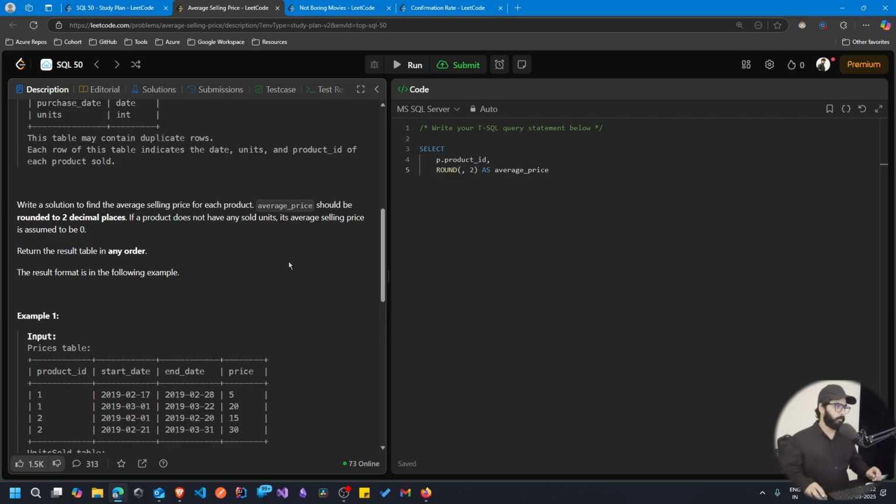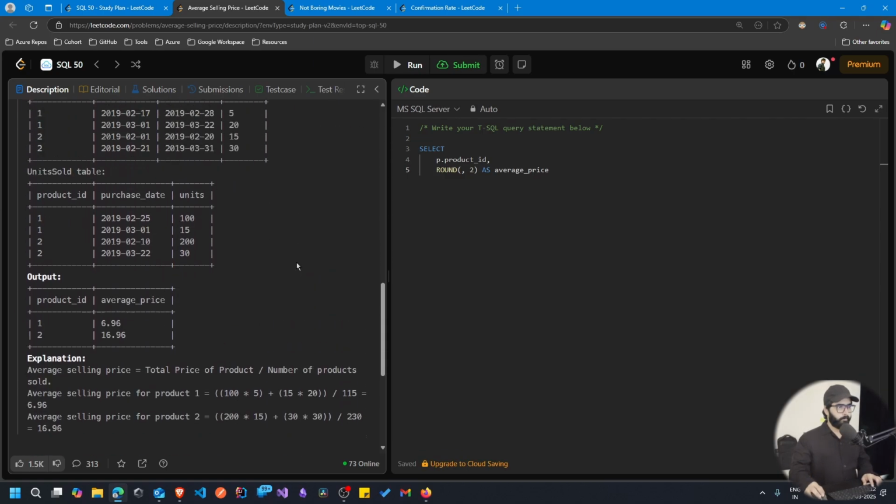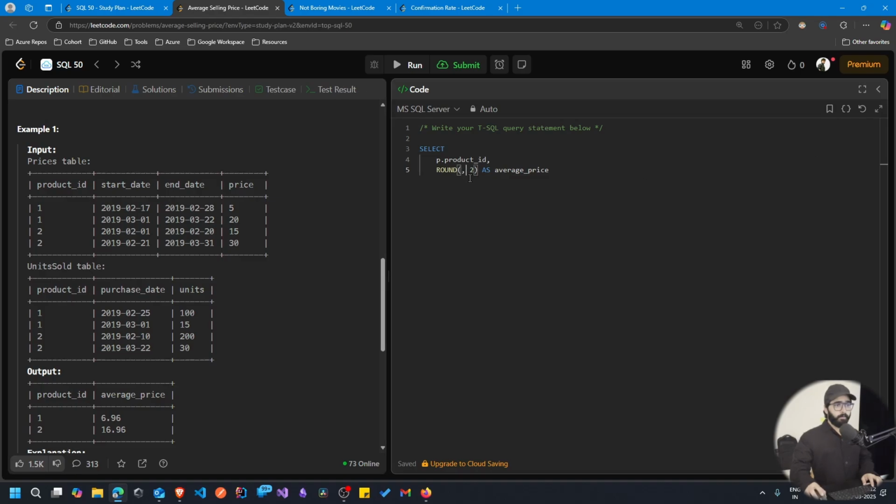Okay. So here we have to sum s dot units into p dot price.